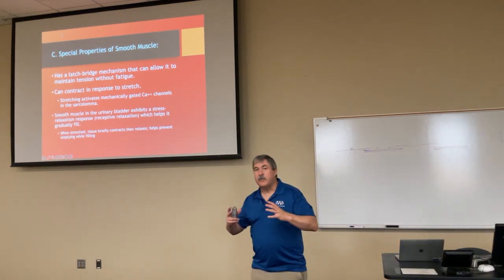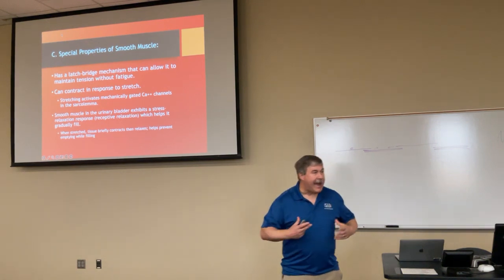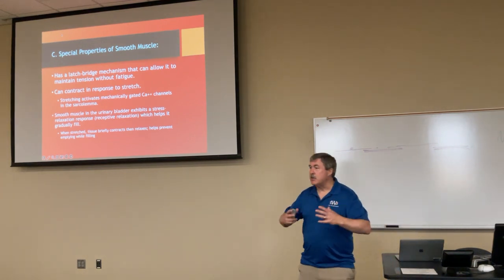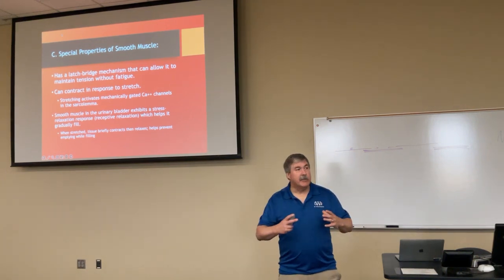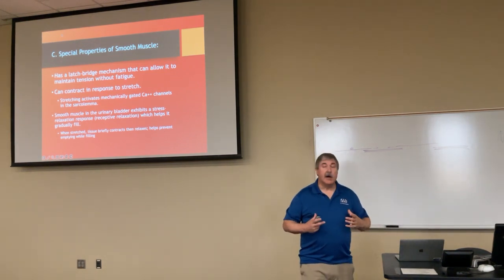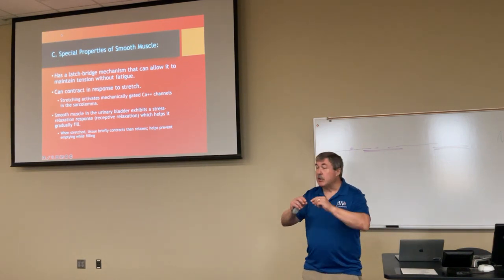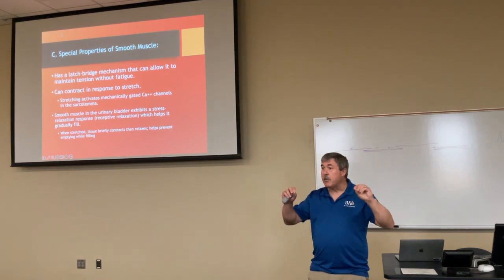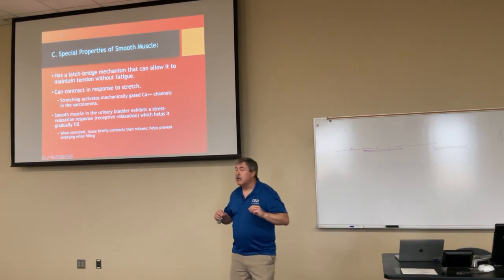And even when it's very stretched, though, when it comes time to activate the reflex, which is called the micturition reflex, that causes you to urinate, the smooth muscle can still contract, even though it's been stretched many times its resting length. Now, that's also very different than skeletal muscle, because skeletal muscle, if you stretch it too much, you pull the thin filaments away from the thick filaments, and you can't form any cross bridges any longer.